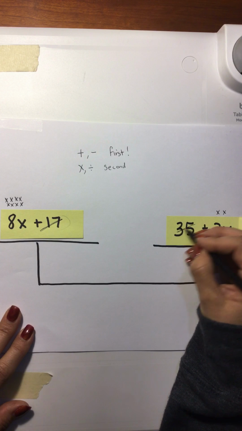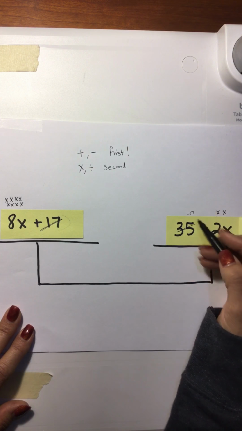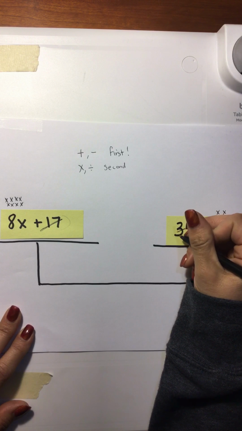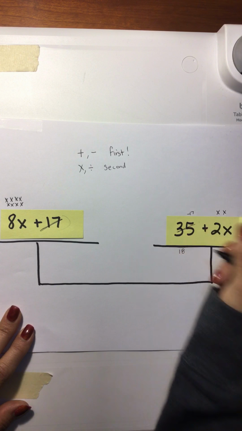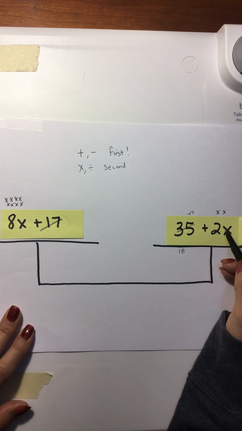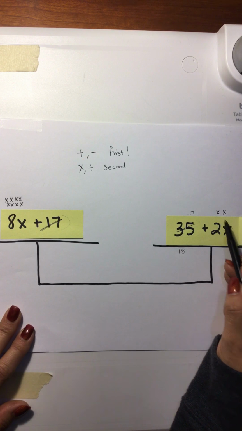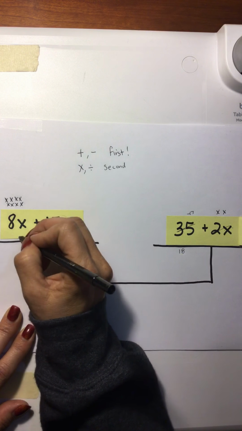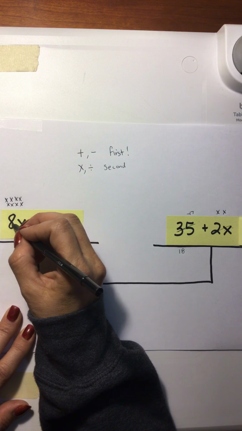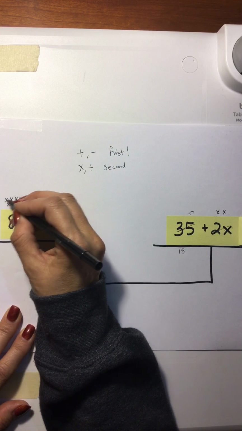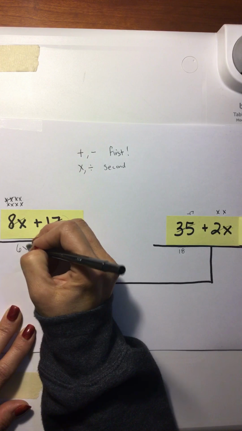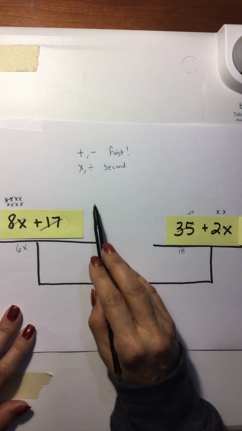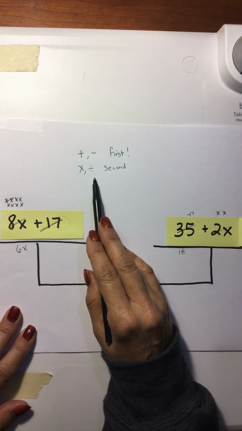But if we take 17 away from here, we get 18. All right. Now here we would cancel out 2 of the x's, right? That's like taking away the 2x and bringing it over here, which if you take away 2 of these, you've got a 6x left. So now you have 6x equals 18, and we're right back to that multiplication and division.